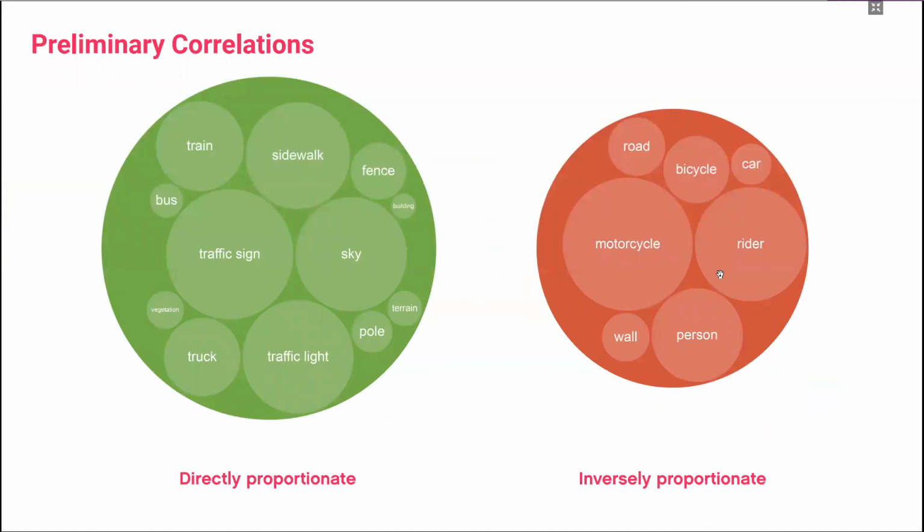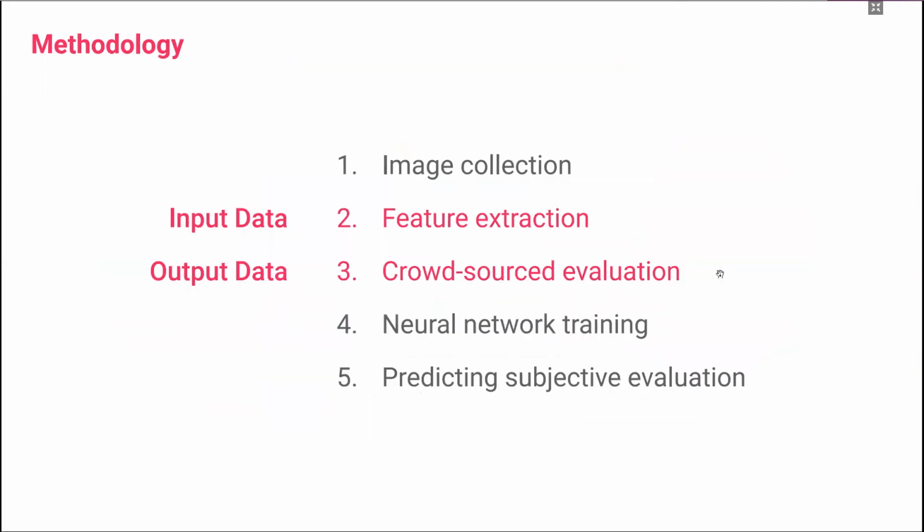What we ended up learning from the primary correlations was that the presence of sidewalk, sky, and traffic signals made people feel secure about a space. On the other hand, the presence of motorcycles, surprisingly enough, made people feel the most unsafe. That talks a lot about the notoriety of motorcycle riders in India, or the unsafe way in which they ride their motorcycles in India.